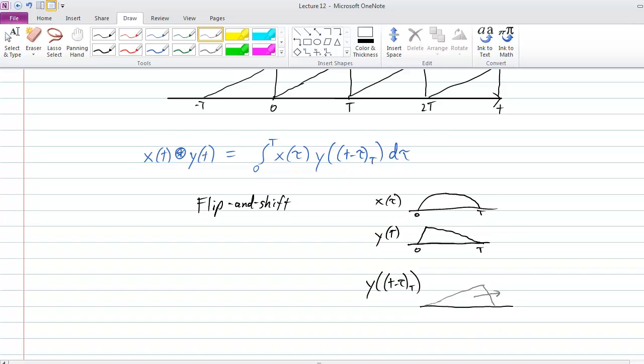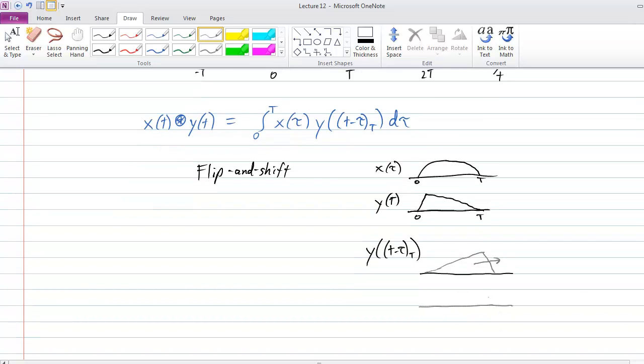And the result will be, there's t, I'll have wrapped around. There's 0. Does that make sense? So a flip and a shift now wraps around this interval. And then I multiply it by x of tau and integrate.